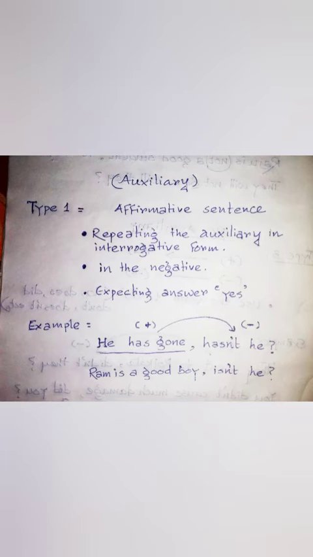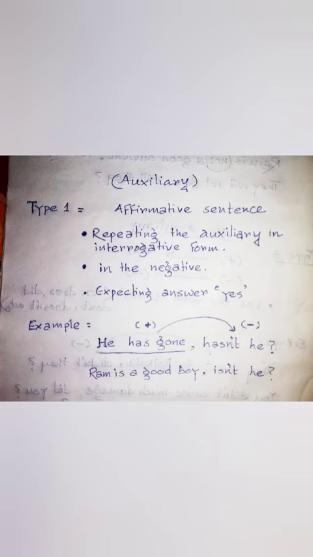Number one, we have to repeat the auxiliary verb in the interrogative form of the question tag. And if the sentence is affirmative, then the question tag will be negative, and the speaker expects the answer yes. So these are the three rules, but if I go to the examples, then you can easily understand the rules.